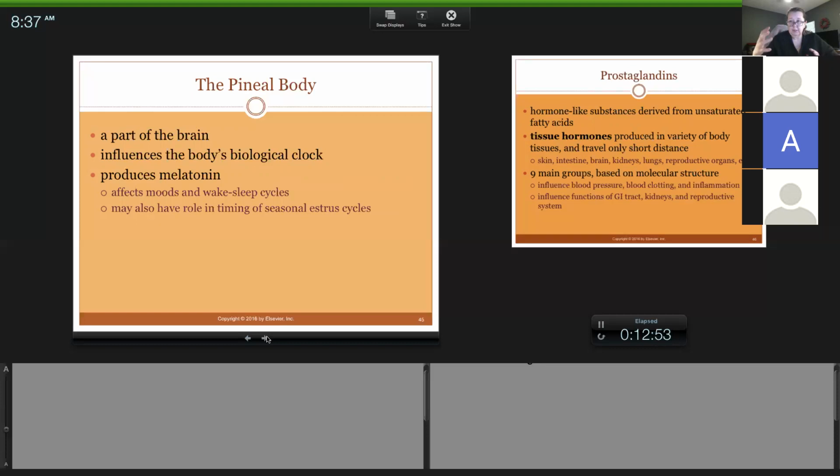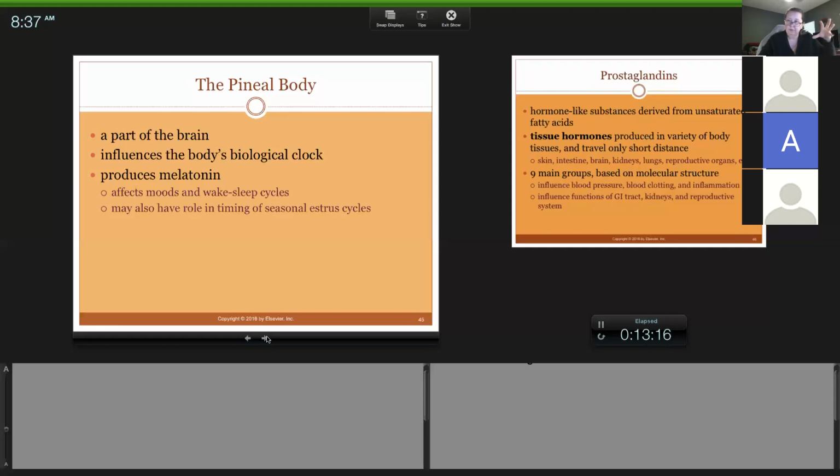Some high-end breeding facilities in their barn will use lighting that mimics sunlight to try and force them to go into more heat cycles, because in the winter, because of the sunlight, that slows down. It picks back up in the spring, but by adjusting the light, they can influence that.